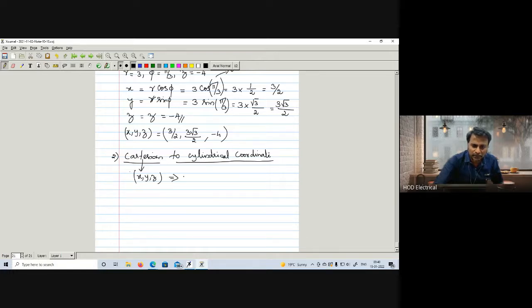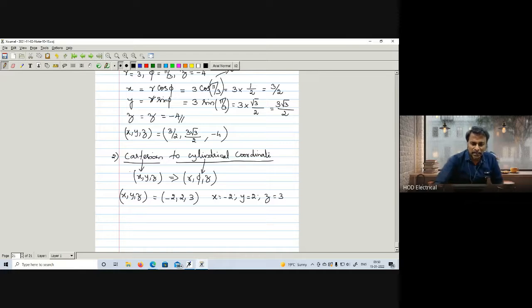We have to convert that into r, phi, and z. The x, y, z values are minus 2, 2, 3. That means x is equal to minus 2, y is equal to 2, z is equal to 3.